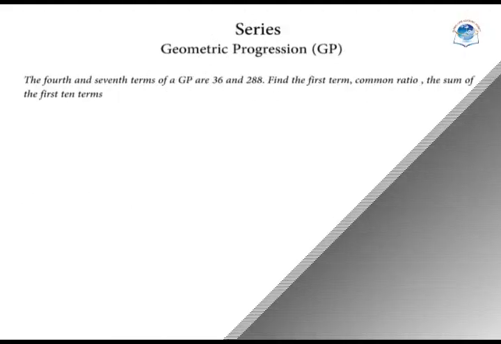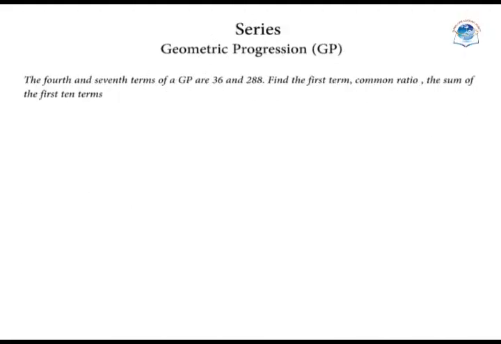Another example. The 4th and the 7th terms of a GP are 36 and 288 respectively. Find the first term, the common ratio, and the sum of the first 10. In our solution, the 4th term is given by AR raised to power 3, and that is equal to 36.